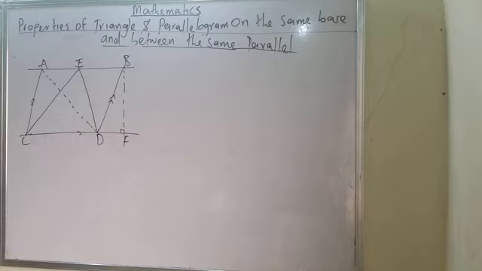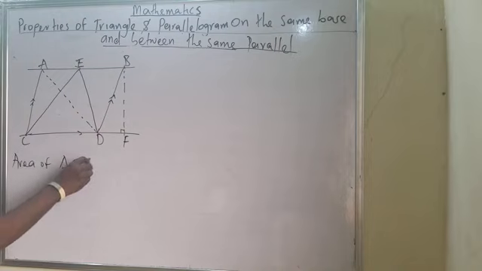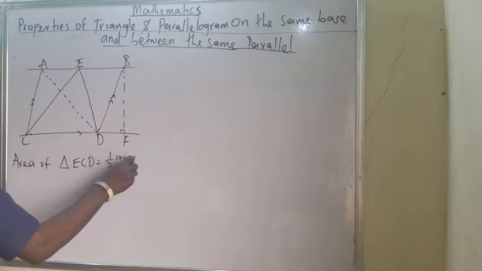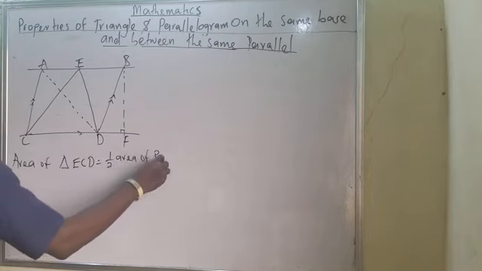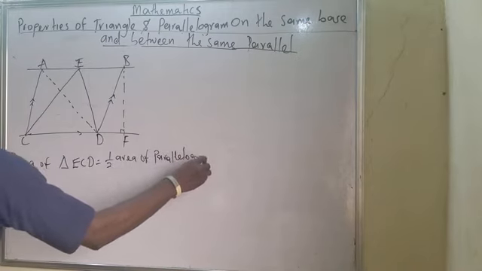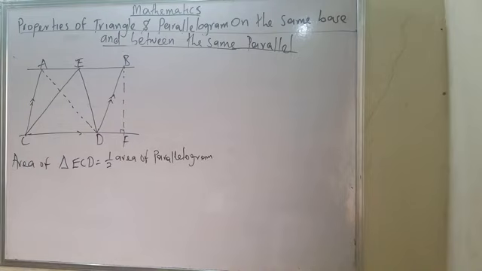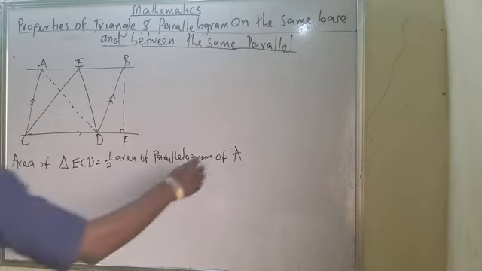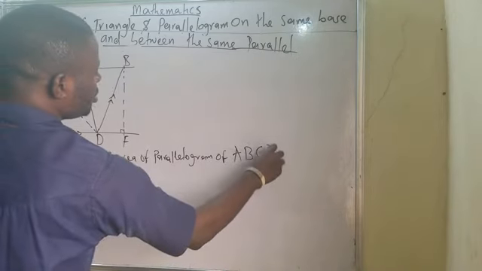Now, if I have something like this, it means the area of triangle ECD equals half of the area of parallelogram ABCD.